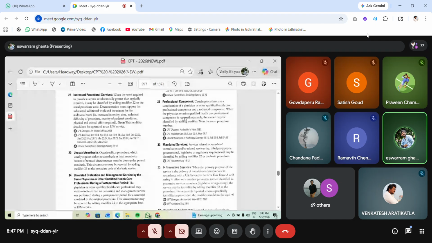That means reviewing, interpretation, is also by the physician. If both things are by the physician, you can give the PC. That means professional component. Interpretation is the professional component.